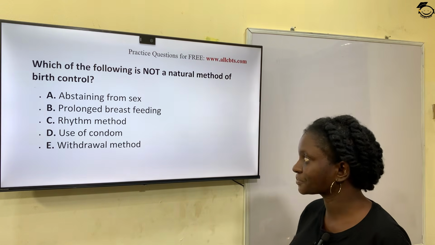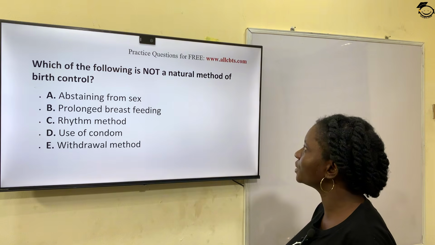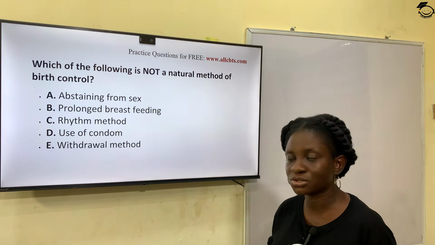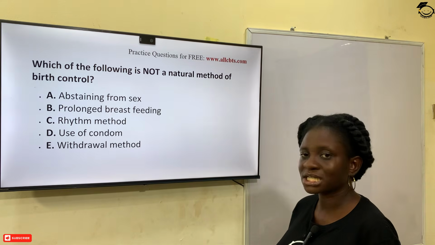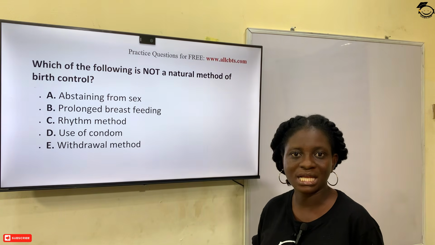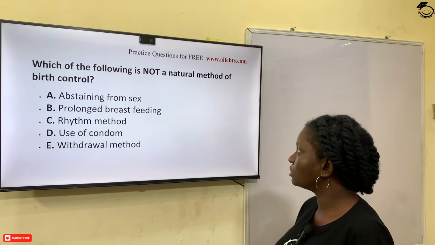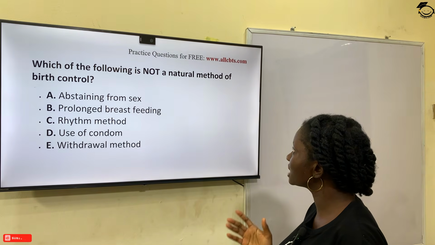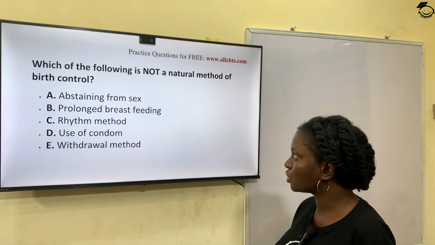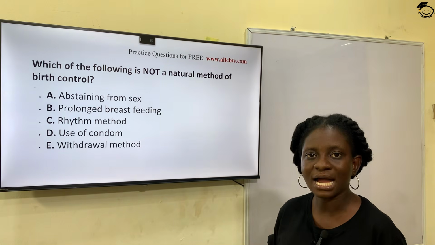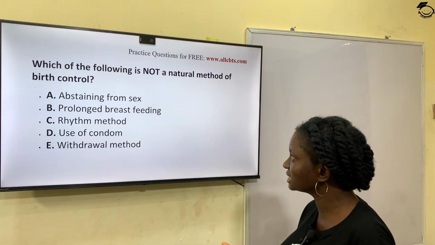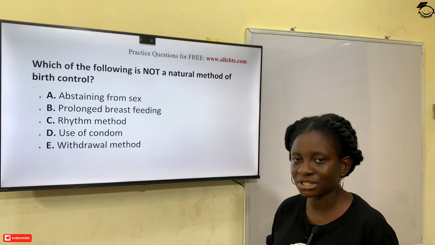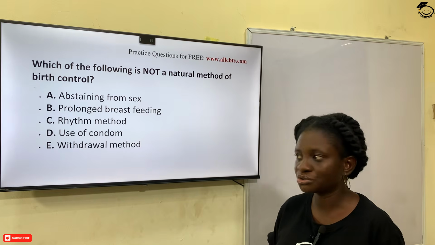Next question. Which of the following is not a natural method of birth control? When you say natural method, that means there's no artificial means. Option A, abstaining from sex. B, prolonged breastfeeding, is a natural way of birth control.